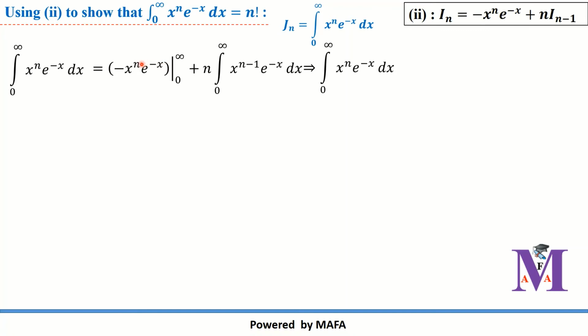So we cannot be inputting infinity into these functions here and expecting to get an answer. We need to take the limit as the variable is tending to infinity. Alright, so maybe if I call the constant a, so I replace infinity with a, and then I take the limit as a tends to infinity. I have actually changed nothing. I'll just use the limit definition of that because it is an improper integral.